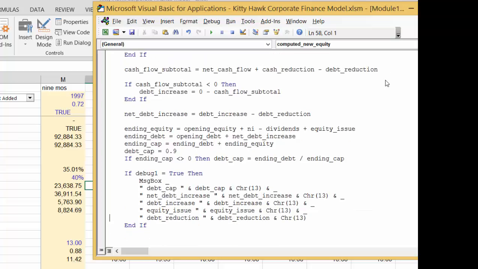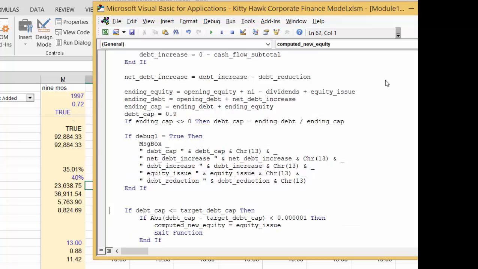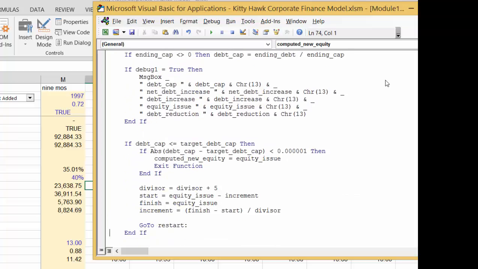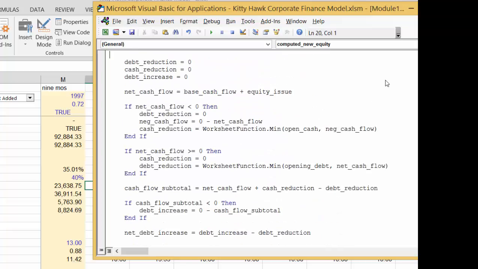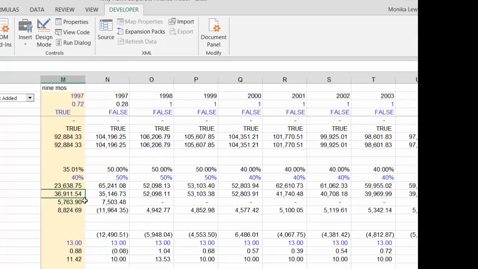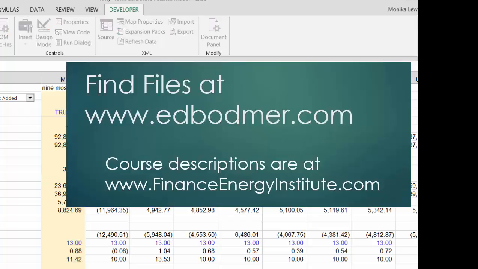I put a little debug thing so we could check how things are converging. And now, the nice thing is that the computed debt to capital equals the target, and if we want to put 40 exactly.